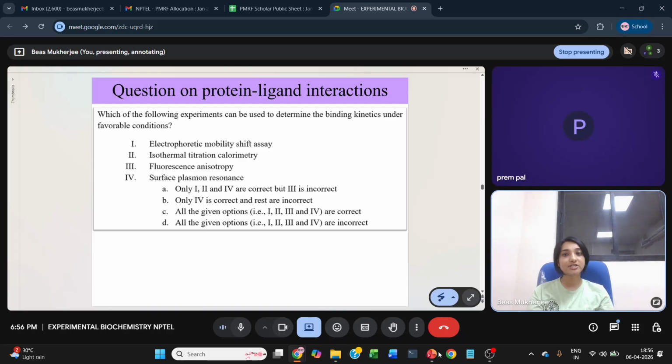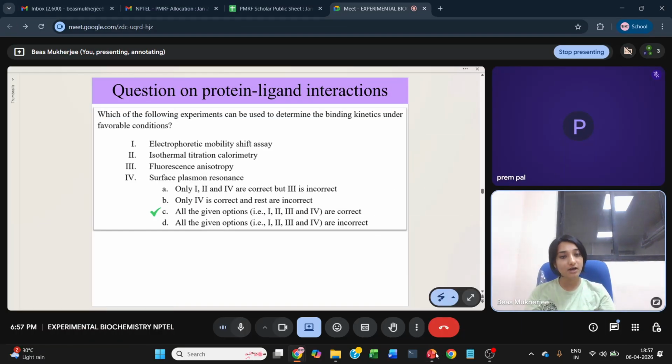Electrophoretic Mobility Shift Assay, Isothermal Titration Calorimetry, Fluorescence Anisotropy, and Surface Plasmon Resonance. Binding kinetics means Kd.